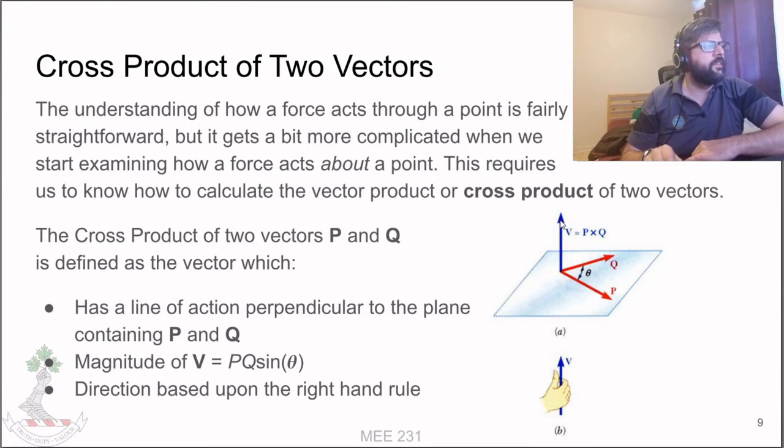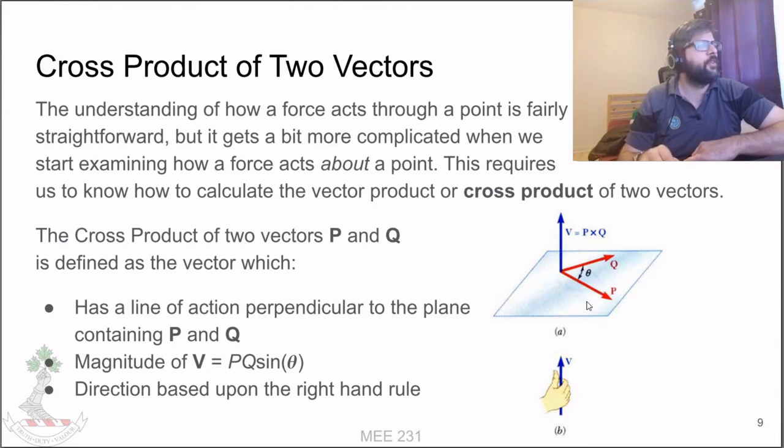Its magnitude is proportional to the size of each of those vectors and the sine of the angle between those. So if you're changing the angle of the vectors that you're taking the cross product of, if the angle is 0, then the cross product is 0. If the angle is 90, then the cross product is at its maximum.